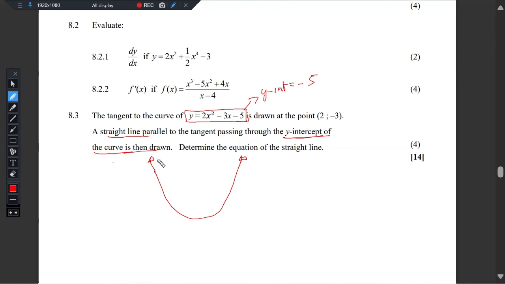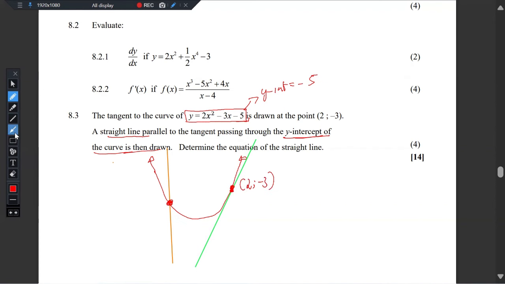And then what they're saying here is that there is a line that is drawn parallel to a tangent. So our tangent can be somewhere here. Let's place the tangent somewhere there, intersecting at 2, -3. Right? So let's say it intersects there, at 2, -3.